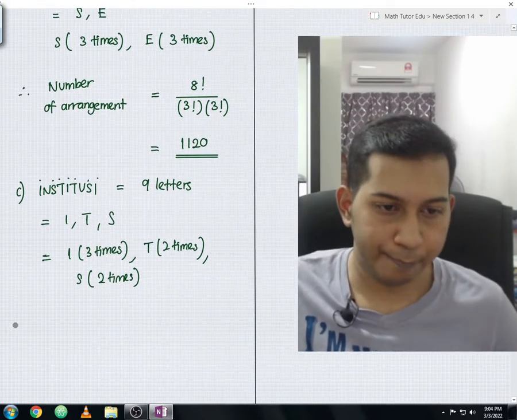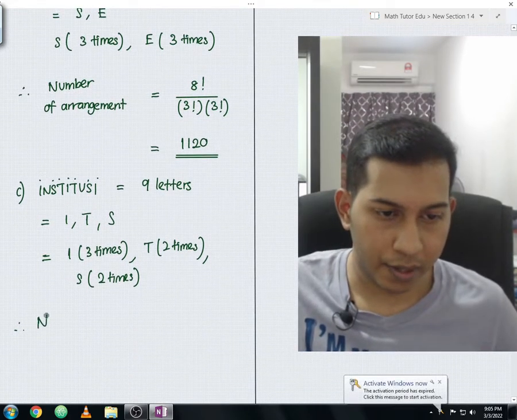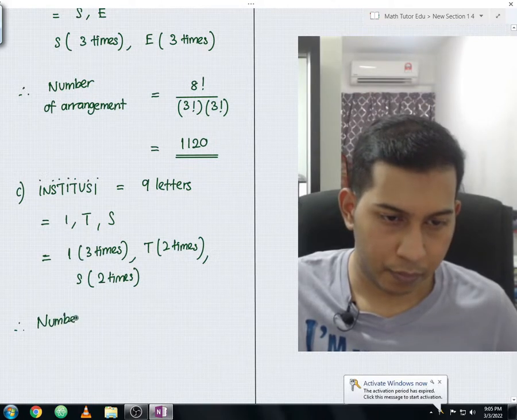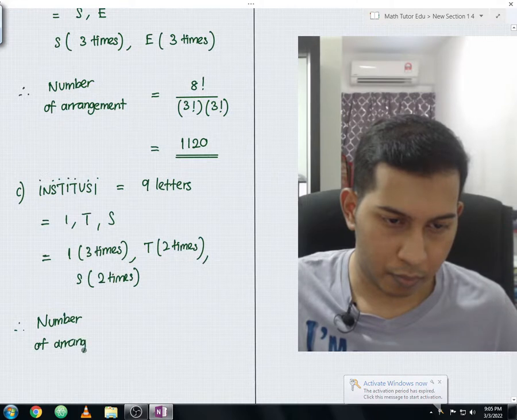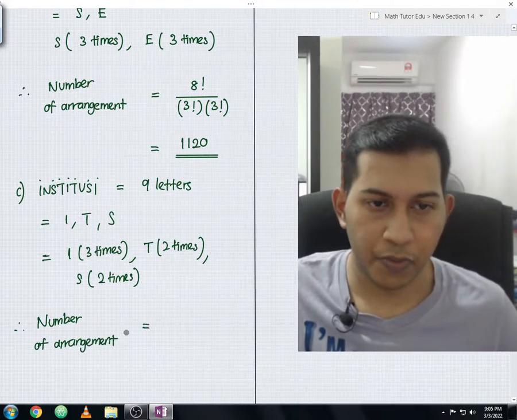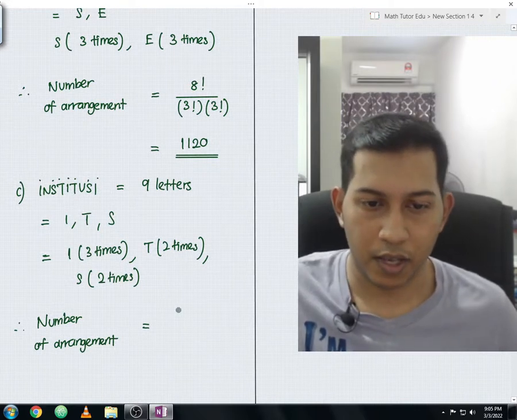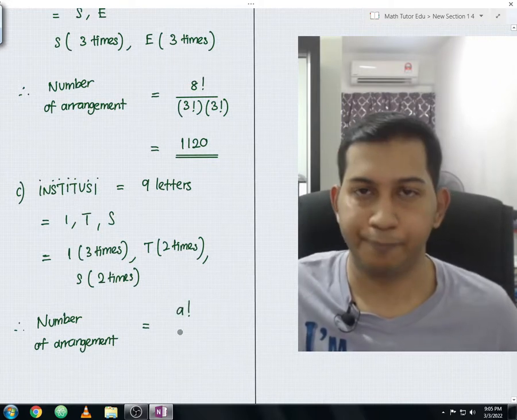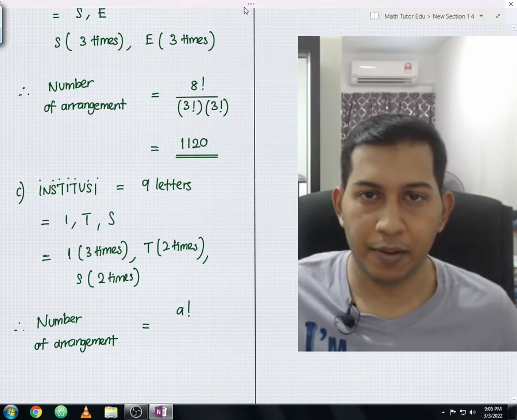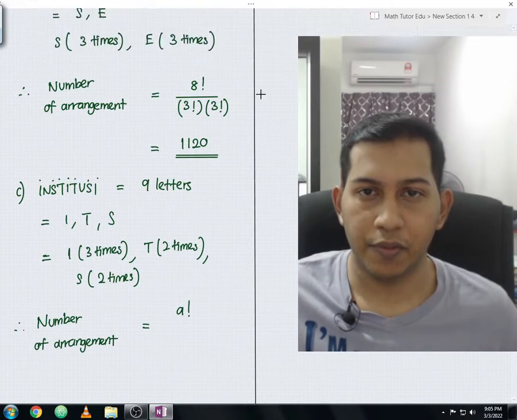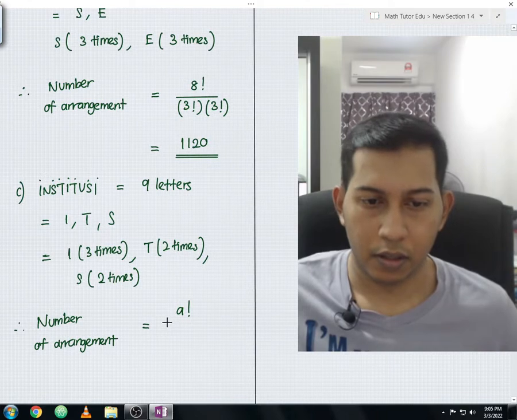So from here, your number of arrangements will be equal to, the total number of letters is 9, so you include here 9 factorial. Then you divide by the multiplication of the repetitions.